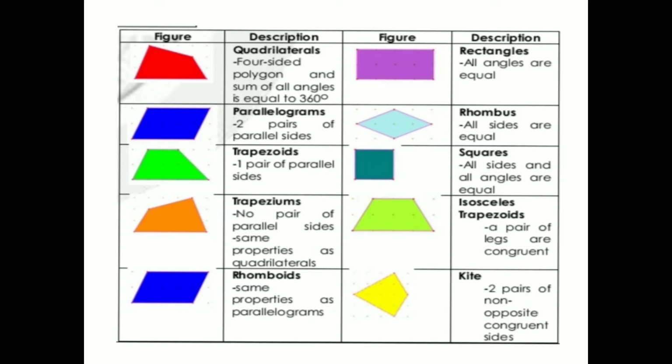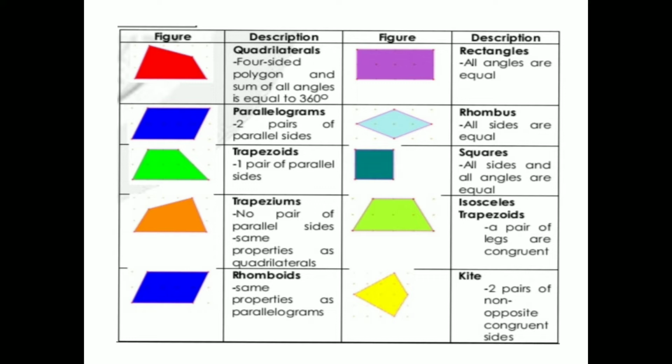Definition of each quadrilateral. Kagaya ng nasa figure, quadrilateral is a four-sided polygon and the sum, yung total ng lahat ng angles, is equal to 360. And then yung parallelogram naman, nakikita natin sa figure, two pairs of parallel sides. Trapezoid, one pair of parallel sides. Trapezium, no pair of parallel sides.